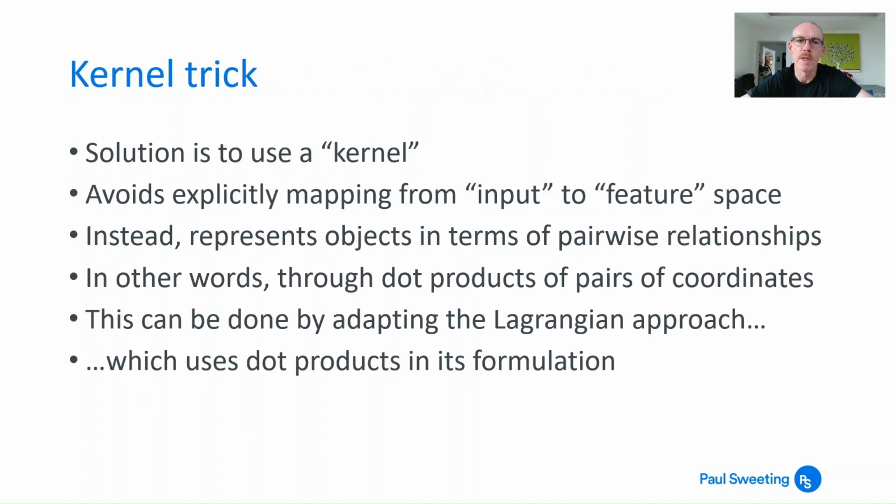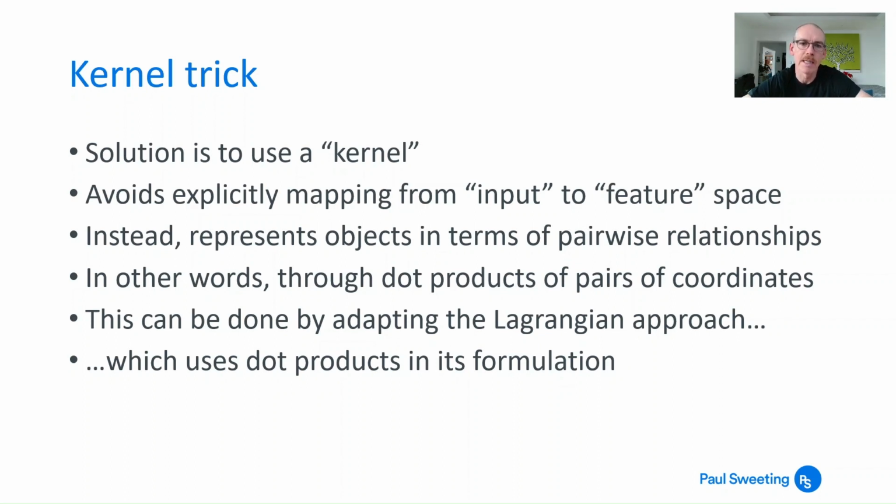So the solution to this is to use a kernel, and I'm going to use a lot of terms here which will become more clear as we look at examples of them. What a kernel does is avoid you having to explicitly map from what's known as input space, so the data you're actually looking at, to feature space, which is some function of that data.